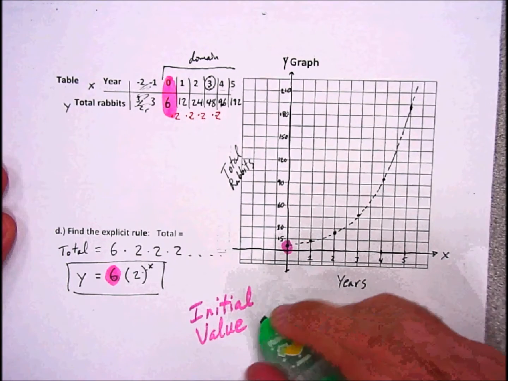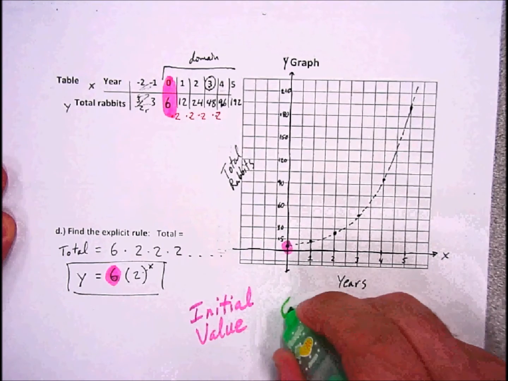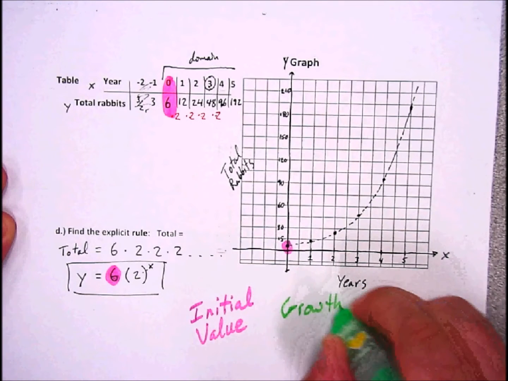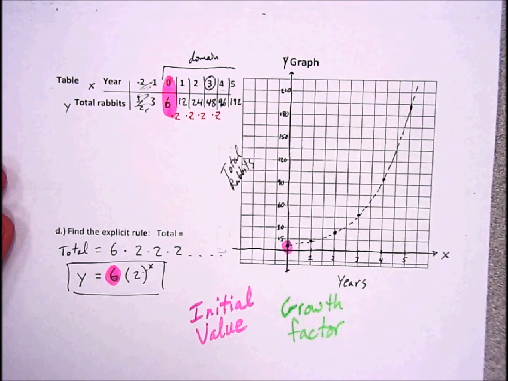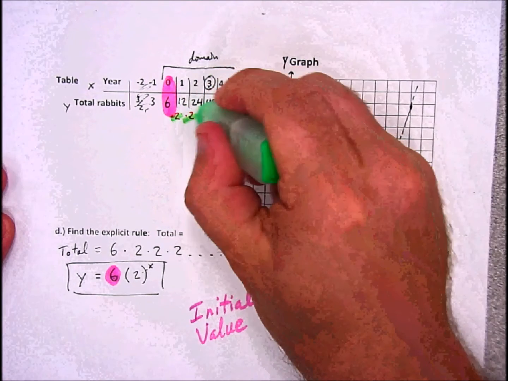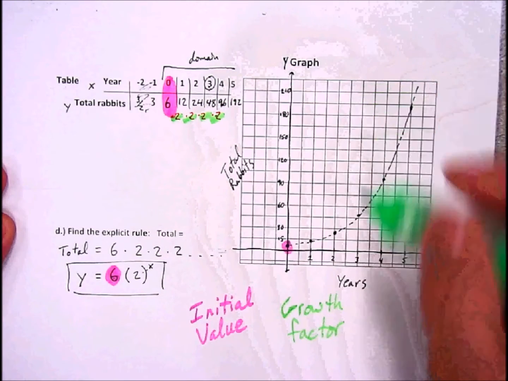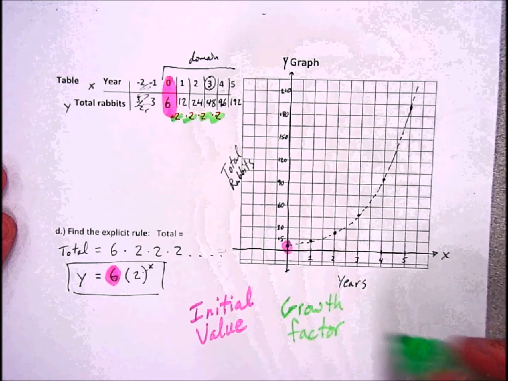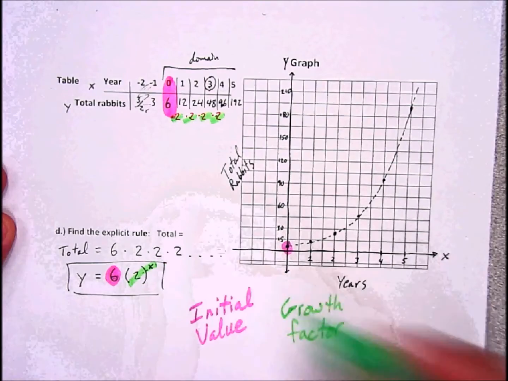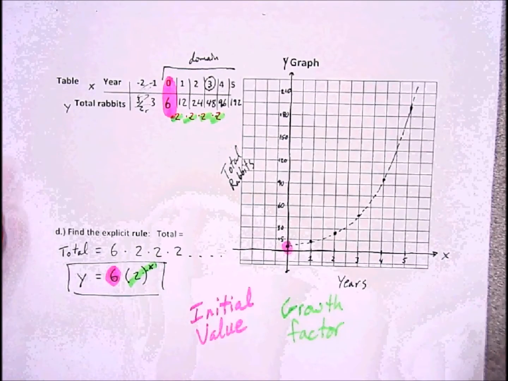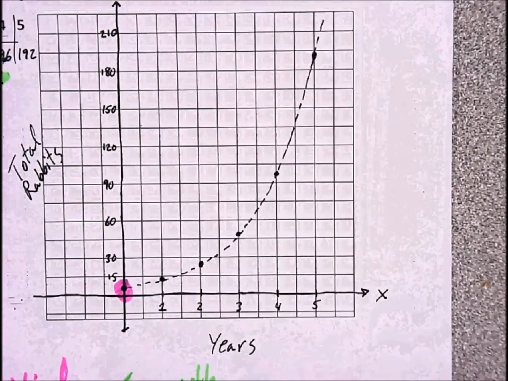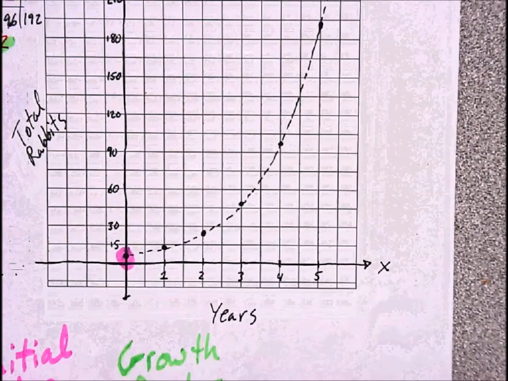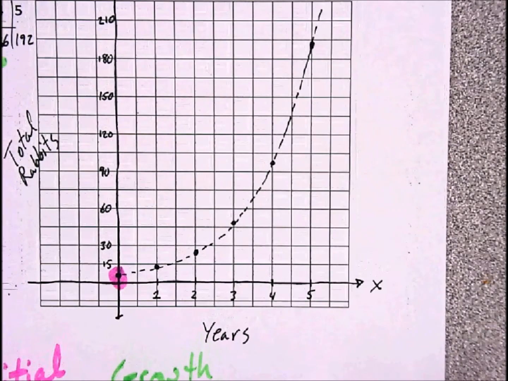And then I've got this growth factor. And that's the doubling that's happening. So this times 2, times 2, times 2, that repetition, that's my growth factor. My growth factor in my rule is going to be the part with the exponent. And then it's a little trickier, but you can also see it in the graph here. Let me kind of zoom in and give you an idea. So where does this times 2 happen in my graph?